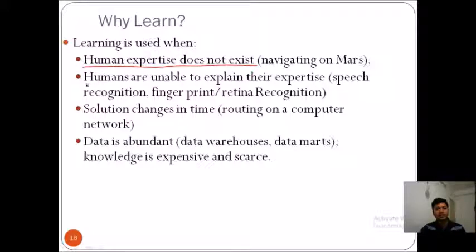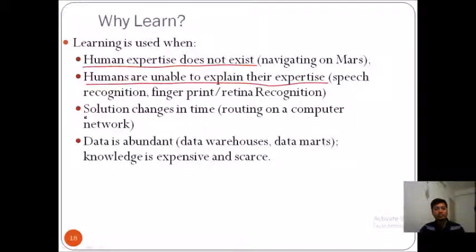It is also applicable where humans are unable to explain their expertise, for example speech recognition, fingerprint and retina recognition. The human is not efficient there. If I give you the thumb impressions of two persons, same or different, by looking at the images it is very difficult, practically impossible, for a human being to recognize the fingerprint.